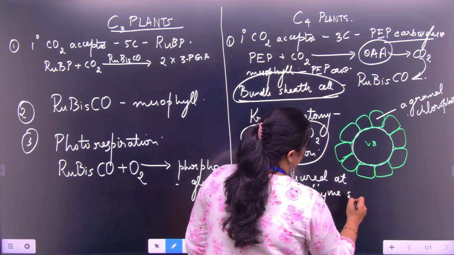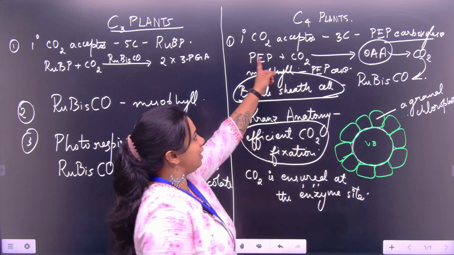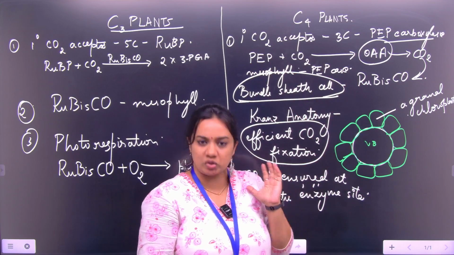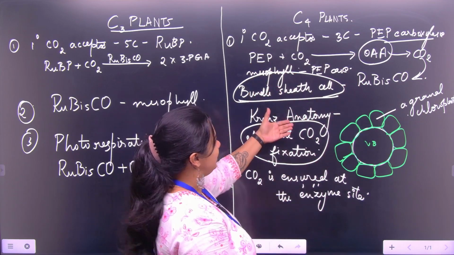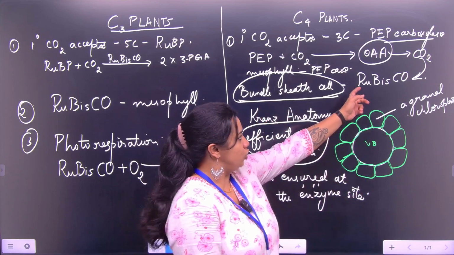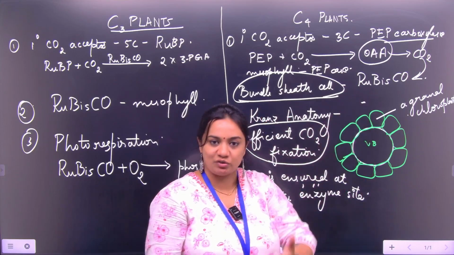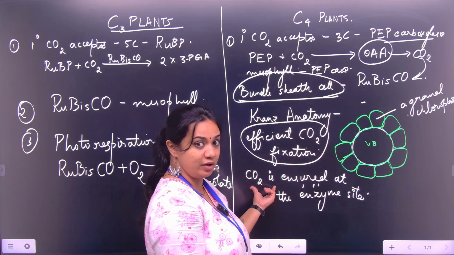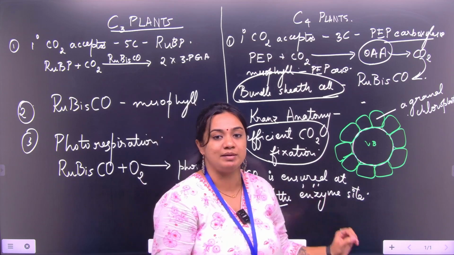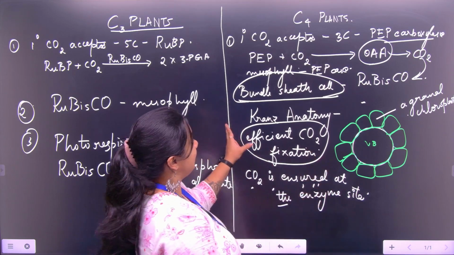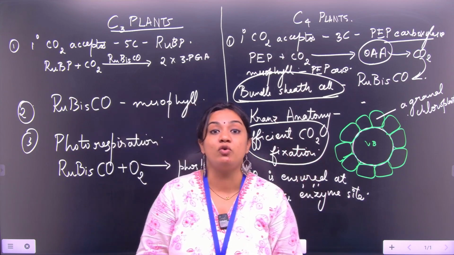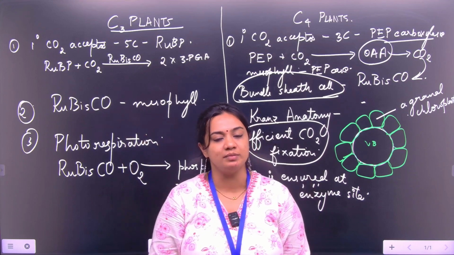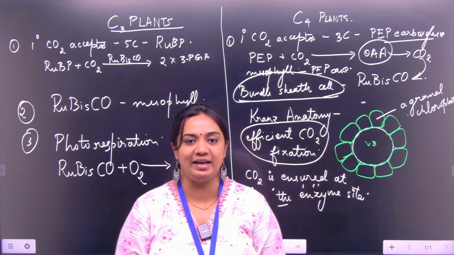Okay, so the primary carbon dioxide acceptor is PEP carboxylase, so there is no chance for oxygen binding at all. And even in case of bundle sheath cell, Rubisco has no chance of binding with oxygen because a continuous supply of carbon dioxide is ensured at the enzyme site. So hence C4 plants are considered to be photosynthetically more efficient than C3 plants. Is this clear? So more about this we will talk later. Thank you.